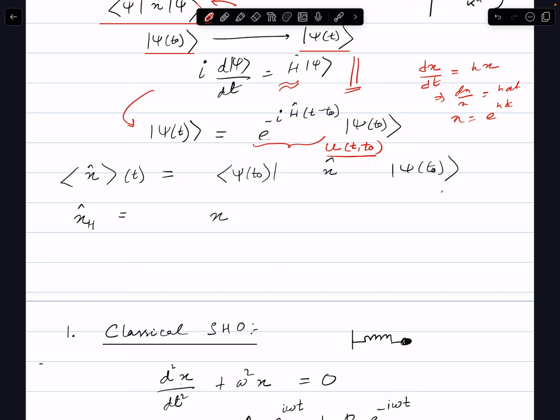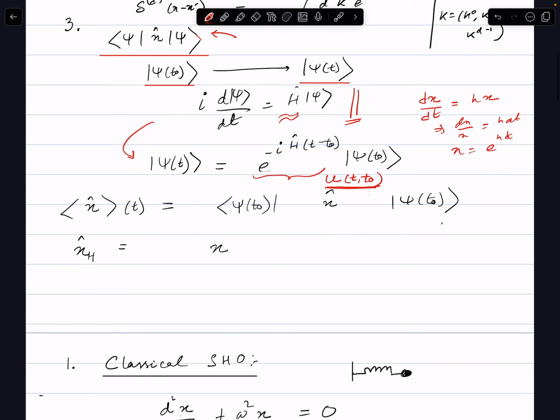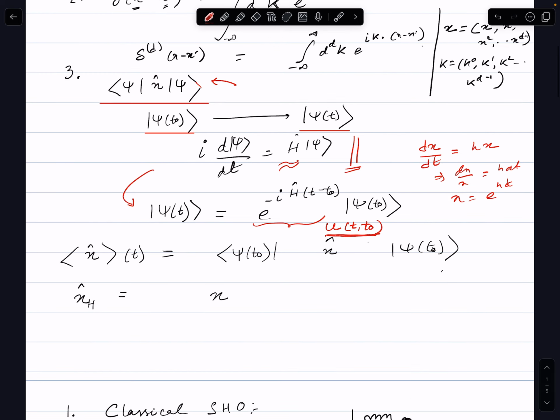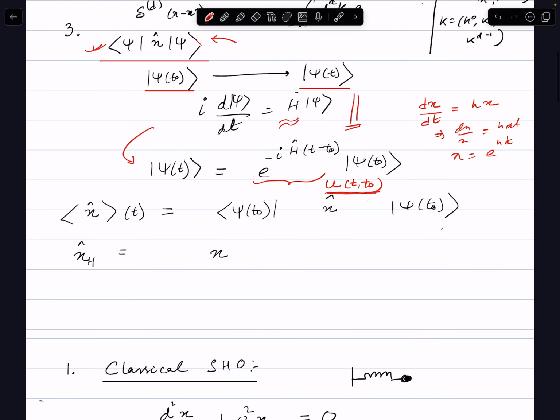So this is one way of thinking of how things change with time, where the state changes with time as per this operator. When I write how this changes with time, I have this. This is the U, and this will be U dagger.